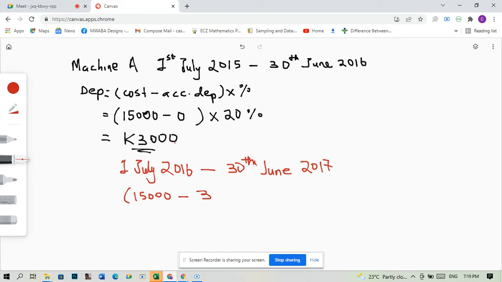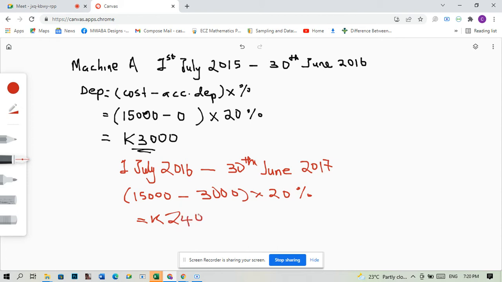This is the accumulated depreciation from last year. Times 20%. So 15,000 minus 3,000 is 12,000. 12,000 times 20% gives us 2,400 kwacha.